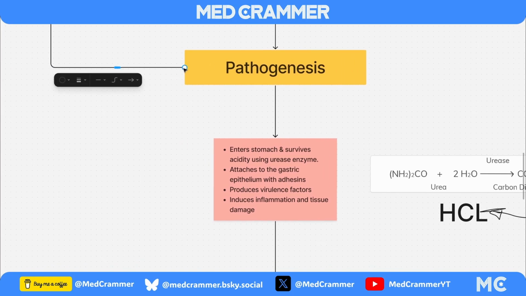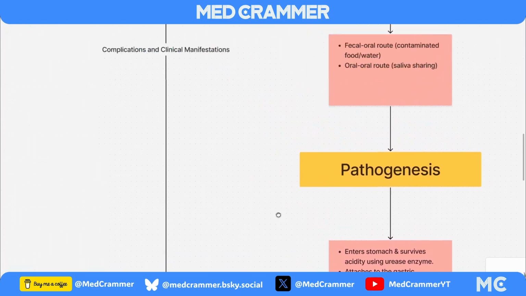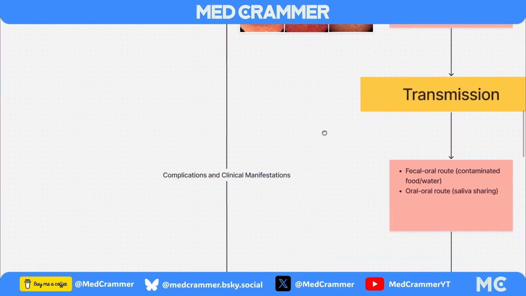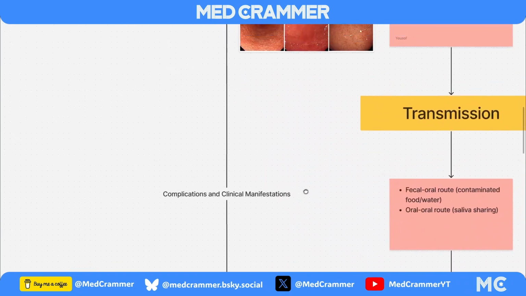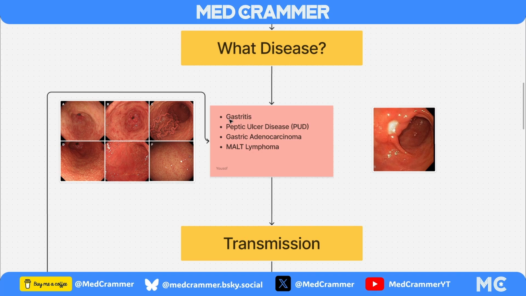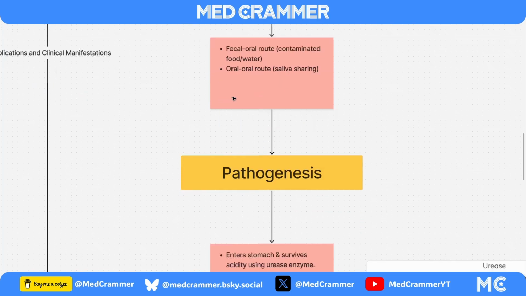So this pathogenesis is actually related to the diseases that we talked about earlier. So the pathogenesis leads to complications and clinical manifestations, which, as we said, are gastritis, PUD, and gastric adenocarcinoma. So this is how it all links up.